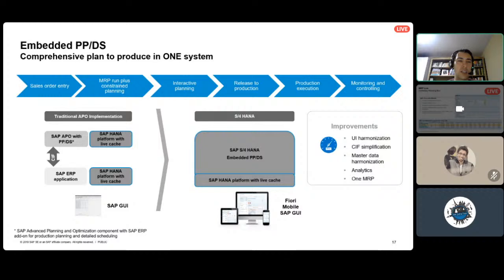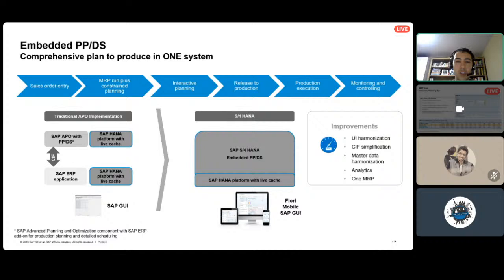PPDS has some advanced planning scenarios that are not supported by MRP. For example, it can plan using shelf life data, batch shelf life. So if your batches will expire, PPDS can plan considering this constraint. PPDS can also plan using capacity restrictions.